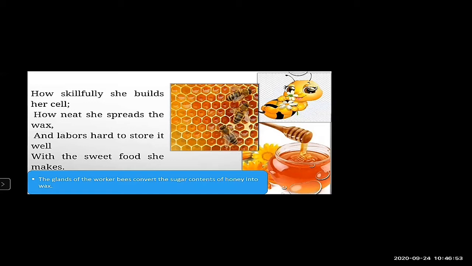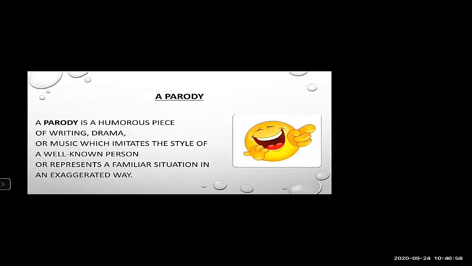Now, let us see the next part of this poem. The next part of this poem is a parody. A parody is a humorous piece of writing, drama, or music which imitates the style of a well-known person or represents a familiar situation in an exaggerated way.